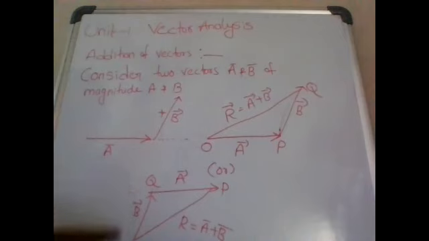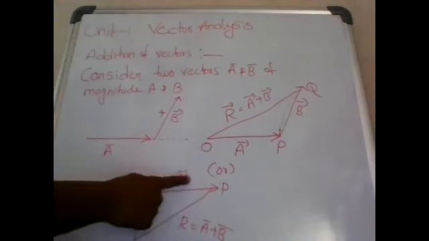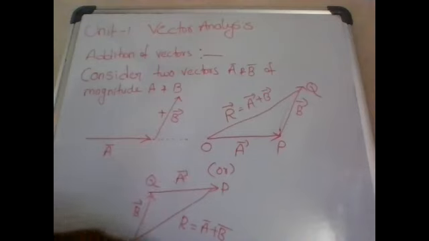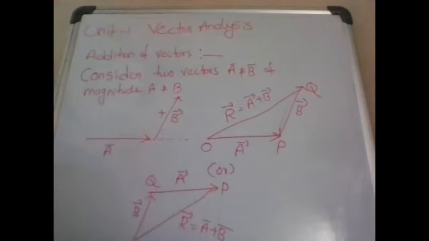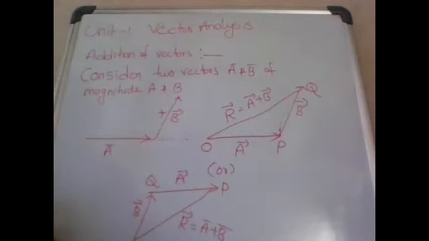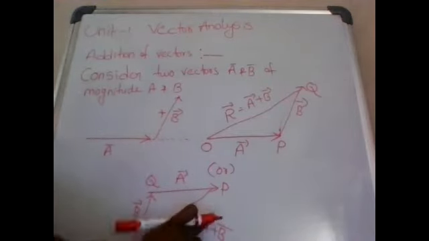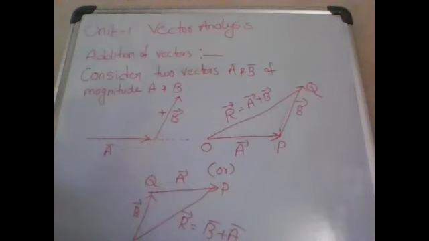After that, from the head of B, we draw the vector A. The resultant gives the addition of these two vectors. From this diagram, we can write B bar plus A bar.